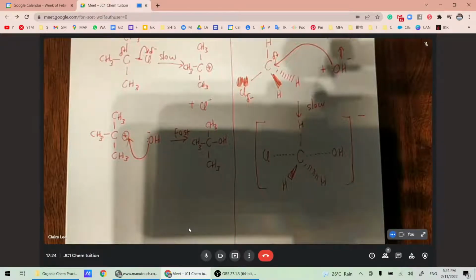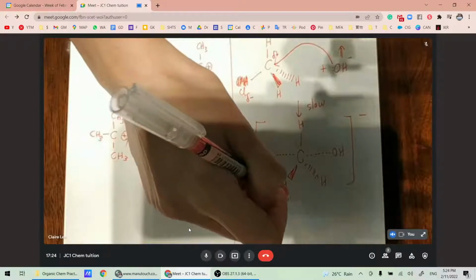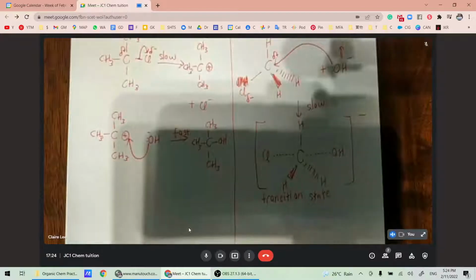So you have to put a square bracket with a minus, representing the minus that came from the OH. It's my attempt to write transition state upside down, as neat as I can.